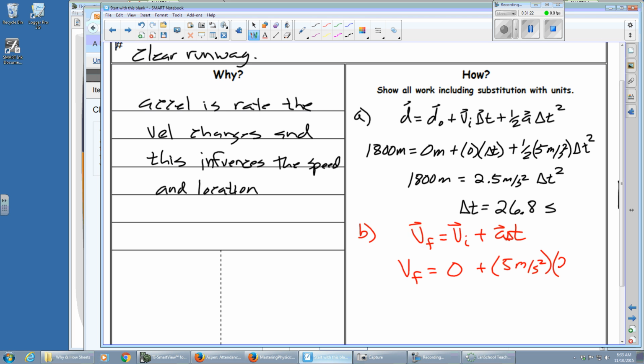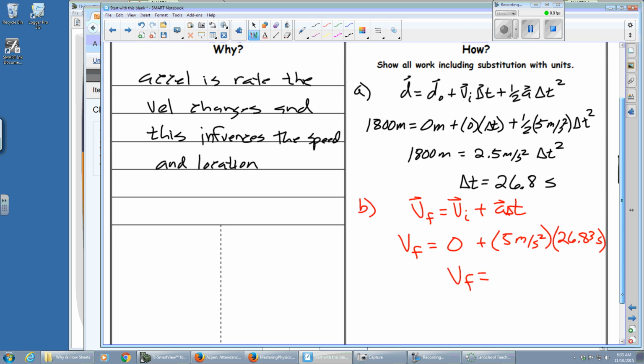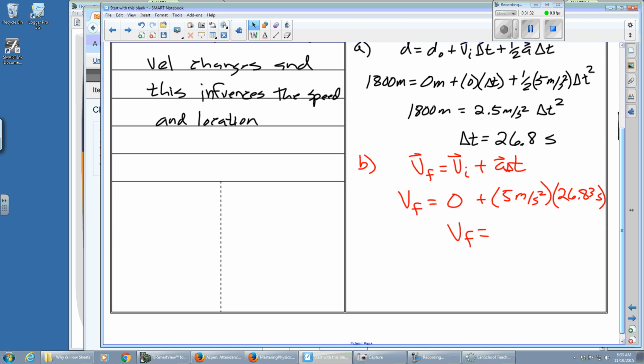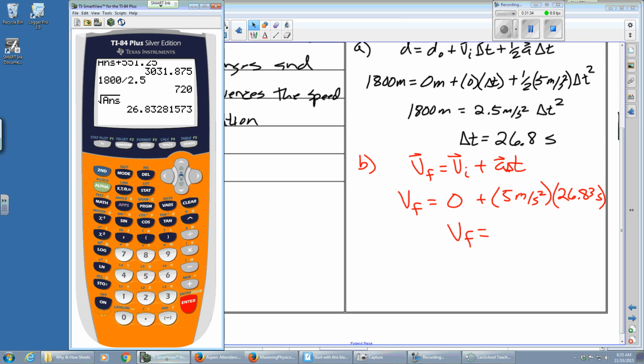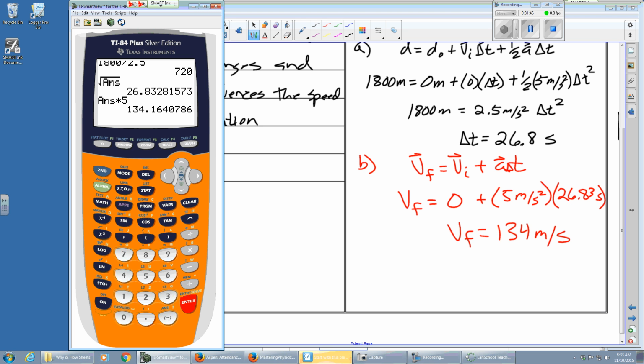Δt, I'm going to use my whole Δt, 26.83 seconds. So that's one of the nice things about using the TI. I can now just turn around times 5. And I get 134 meters per second.